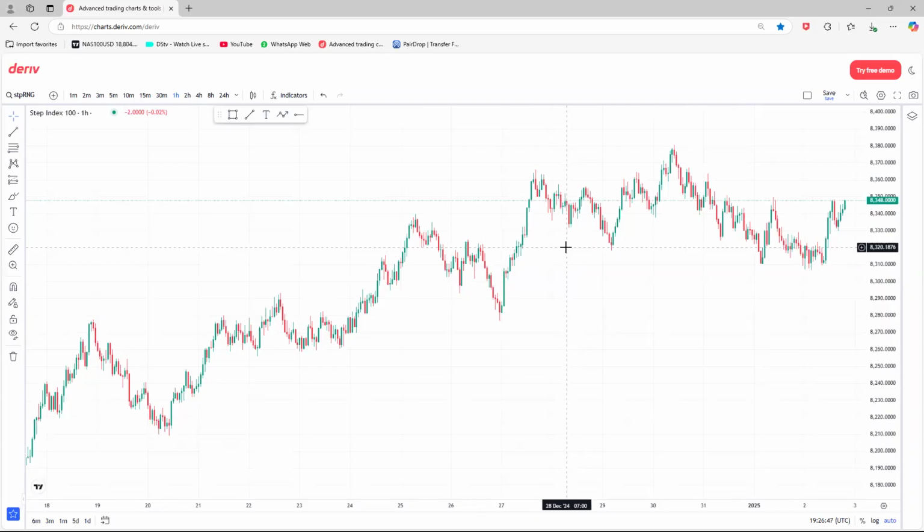Not every buy setup is one where you expect a buy pullback below that buy setup. Not always the case, and the same goes for a sell setup. It's not always the case that you look above the sell setup and say this is where the sell pullback is going to come from. You need to understand your context to say, okay, this is where I know it's going to come from, right?